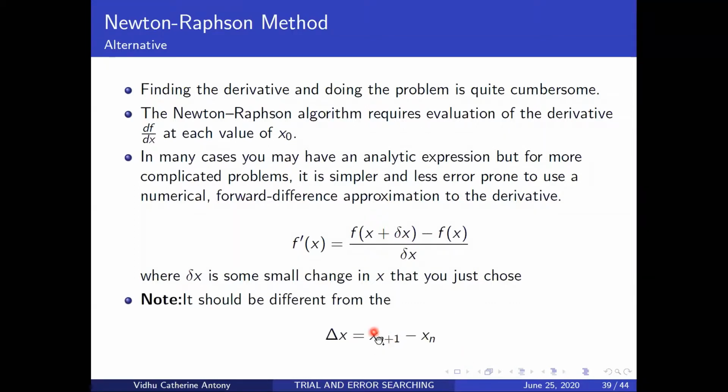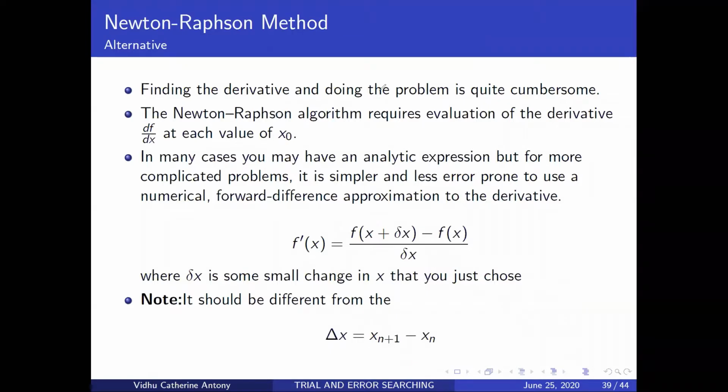It cannot be equal to the difference between the first guess and the second guess. So if your first guess is x naught and your second value is x1, then x1 minus x naught should not be equal to this delta x that you choose.